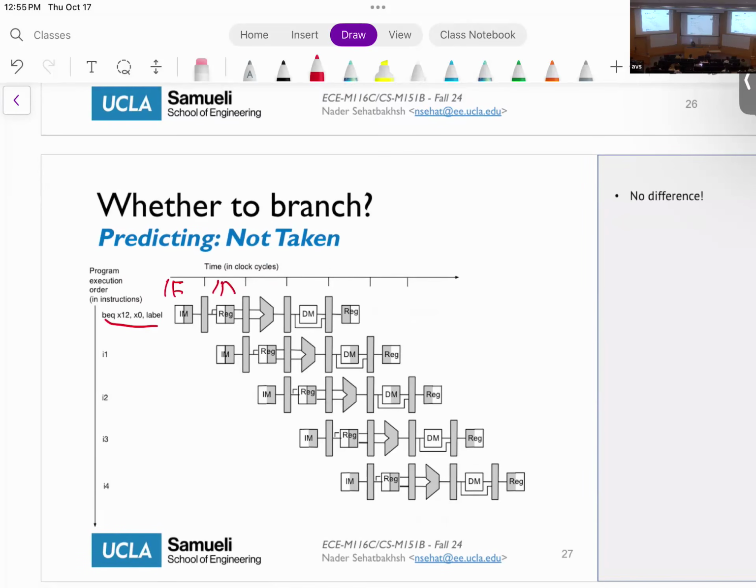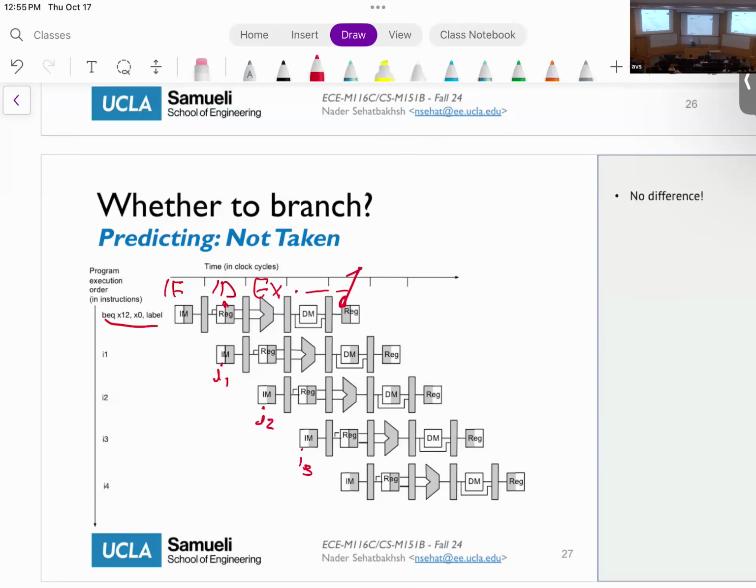Now if I go to the decode stage and I want to fetch something, since I'm always going to predict not taken, I can freely let these, I1, come. And then at this point, we're going to see that, oh, this is a branch. That's fine. I'm going to continue, and so on and so forth. And I'm going to let these other instructions also come into the pipeline.